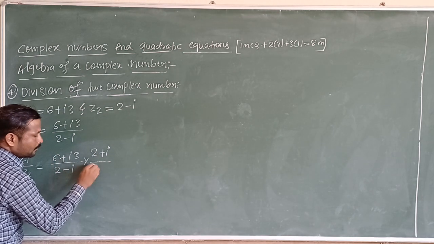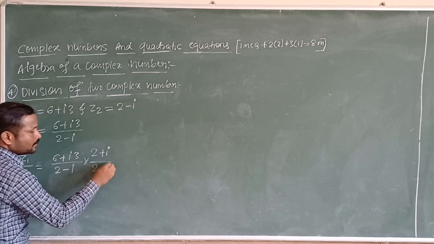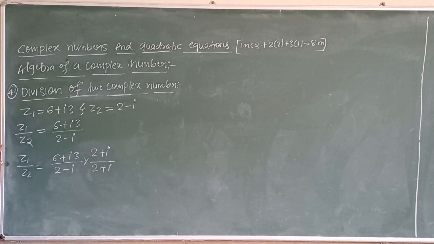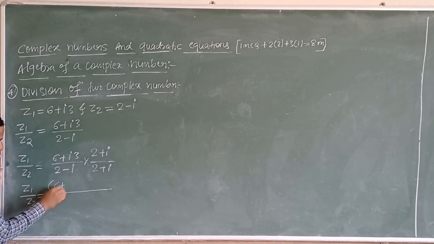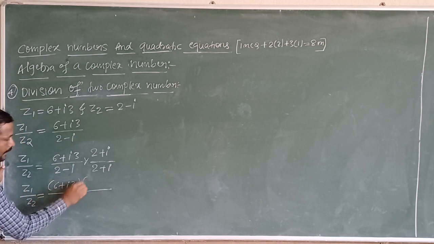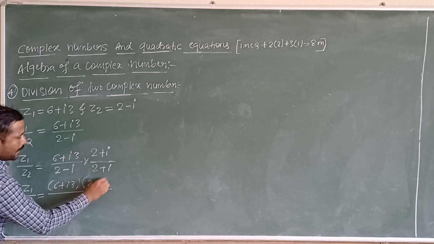Multiply and divide by 2 plus i, right? I will solve by rationalizing the denominator. Then z1 divided by z2 is equal to the numerator 6 plus 3i as it is, into 2 plus i as it is.